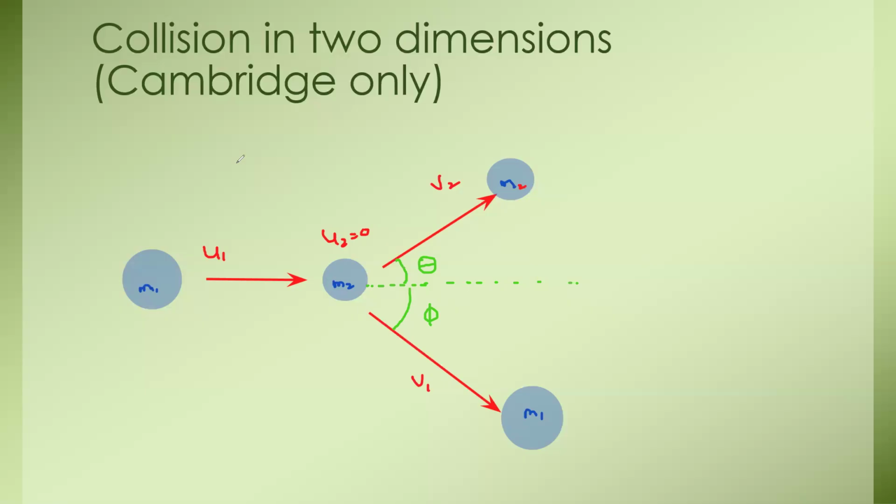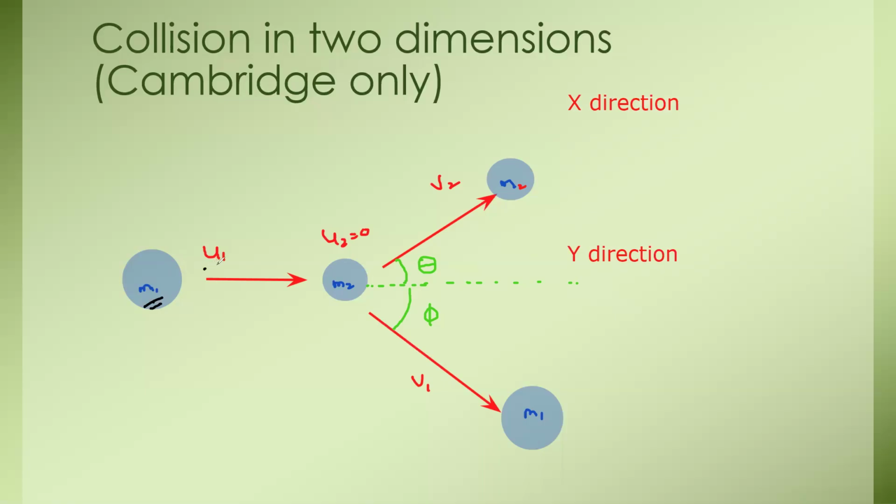Now, when the objects are colliding in 2 dimensions, how can we write this? We separate the motion. We separate the x direction motion, the horizontal motion, and the y direction motion. If I want the x direction motion, what is the conservation of momentum in the x direction?